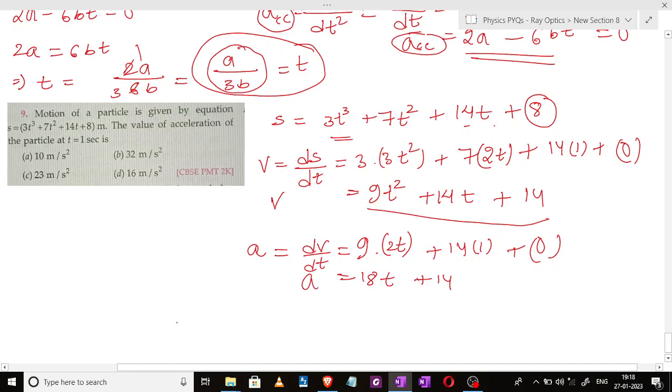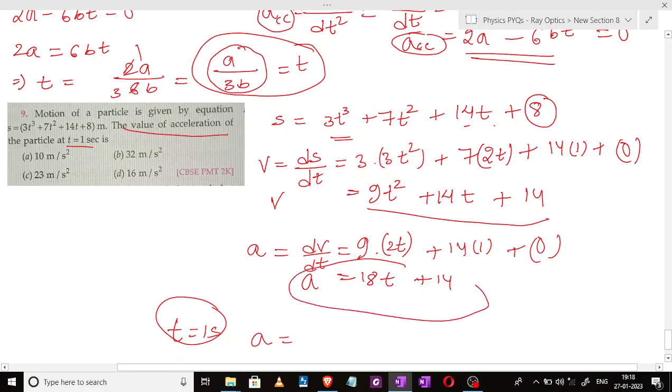Now it says at time t is equal to 1 second. It is asking the value of acceleration of the particle at t is equal to 1 second. So acceleration will be simple. In the expression of acceleration that came, put the value of t as 1. So 18 into 1 is 18 plus 14. 18 and 14 add up to 32. 32 is in the options.